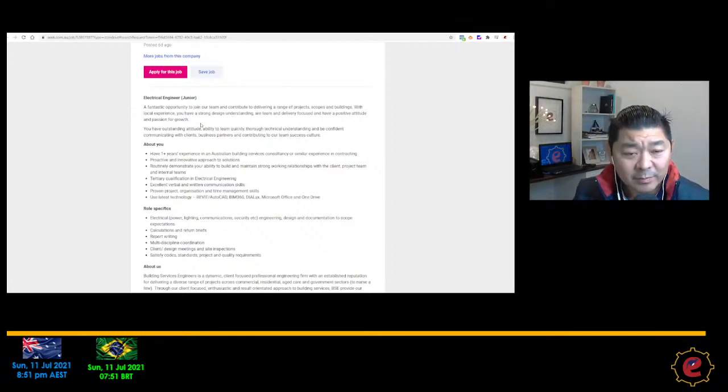So, as I mentioned last week, when you read the job description or the job advertisement, you need to pay attention to things that the employer is trying to tell you. So in this first paragraph, although it's just a short paragraph, it tells a lot. The important things to highlight here would be the type of projects that you will be working on, the company works for.